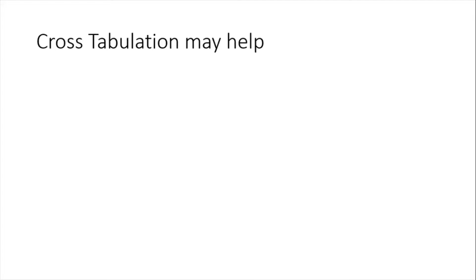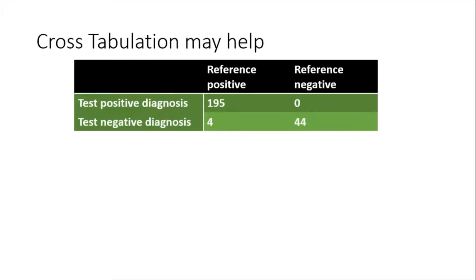Now, for any of these results, in actually analyzing the data, cross-tabulation may help. What does a cross-tabulation look like? In cross-tabulation, you give the number of cases arranged in a table in a format which will give the number of index test positive results and reference test positive results, as well as the index test negative results and reference test negative results, in a convenient, easy to understand format.